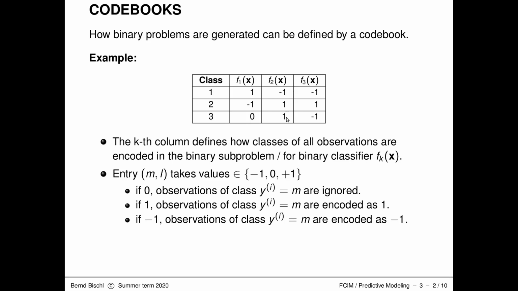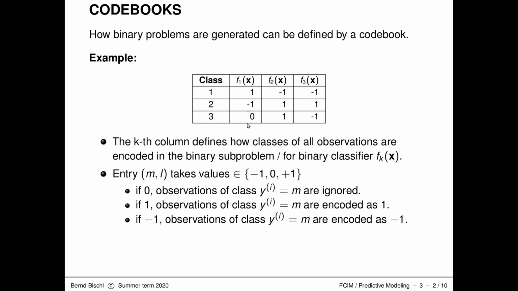And in the second binary subproblem, I would merge the classes 2 and 3 to form my new positive class, and my negative class simply consists of all observations from class 1. And here for the third column, all observations from 1 and 3 are merged to form the new negative class, and the observations from class 2 become my new positive class.